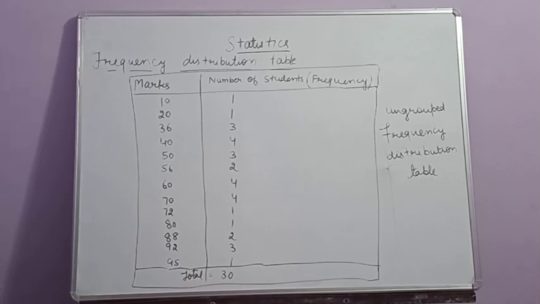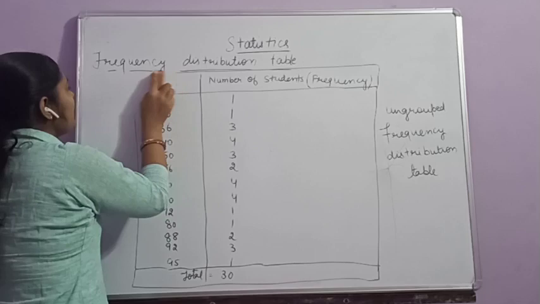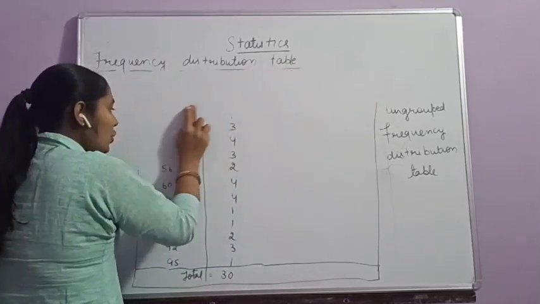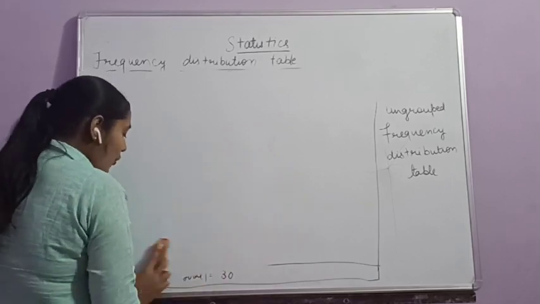Now we take an example of grouped frequency distribution table. That was an example of ungrouped frequency distribution table, because in this table no group of students was formed.